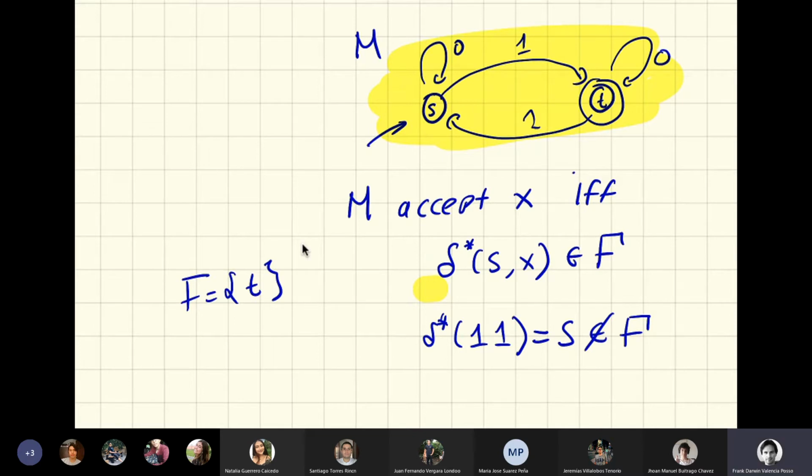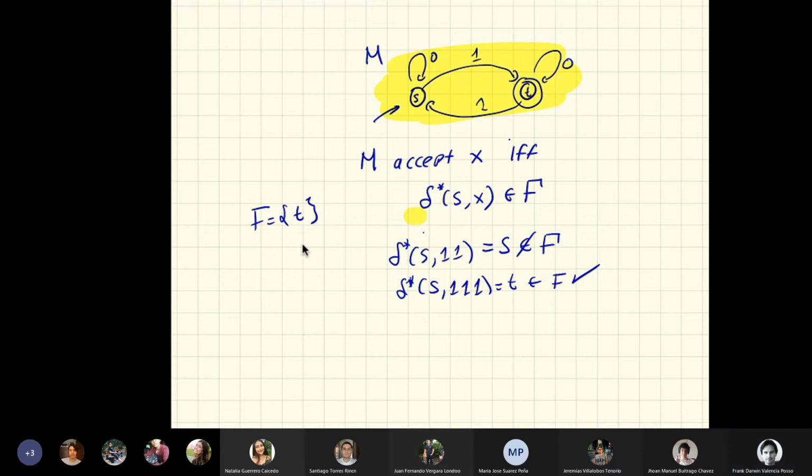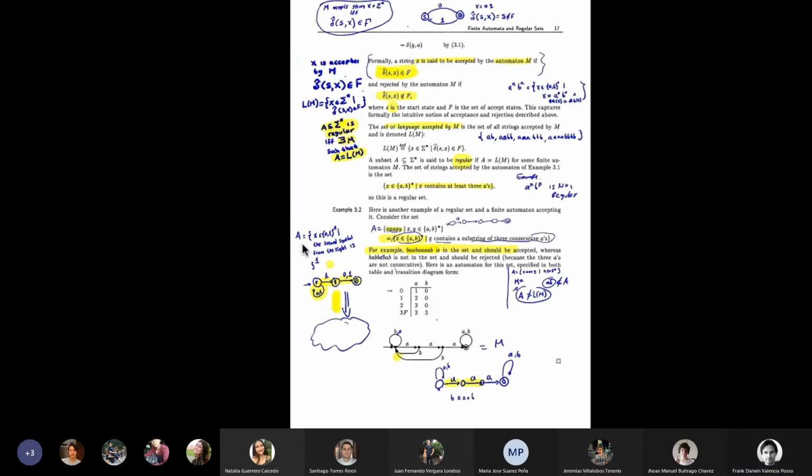Sorry, I forgot to write the initial state here. But delta star from S of 1 1 1 is equal to T, which is in F. Okay? Any questions there? Okay, so I assume that you understood this.